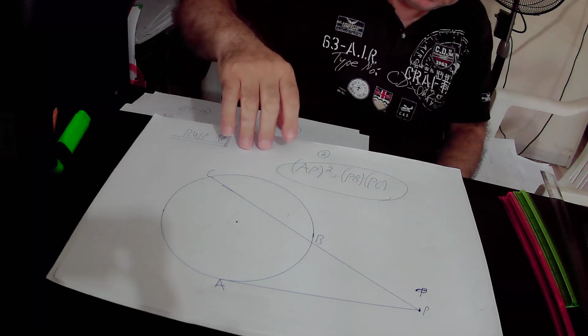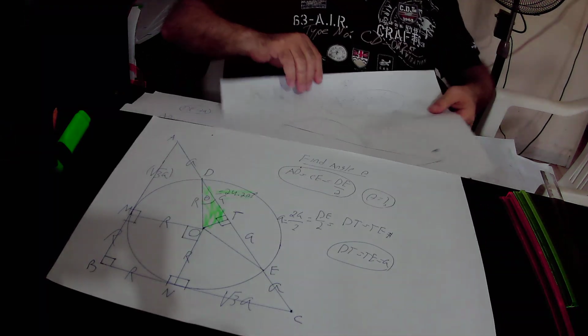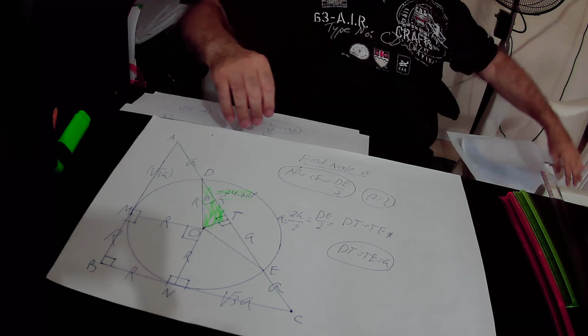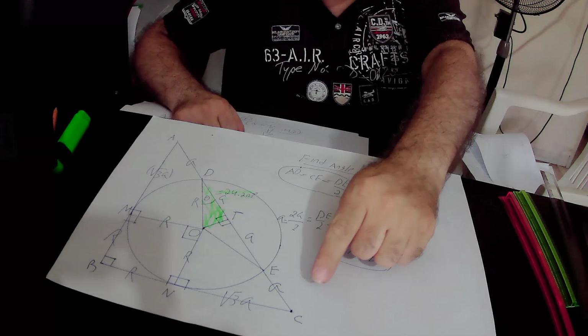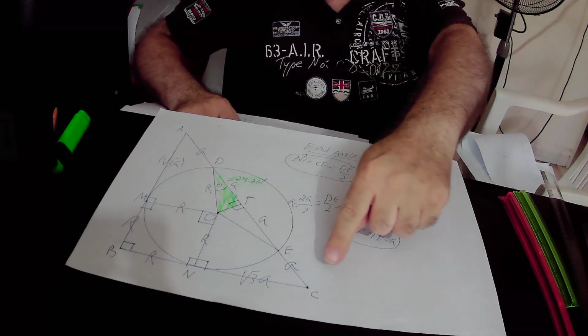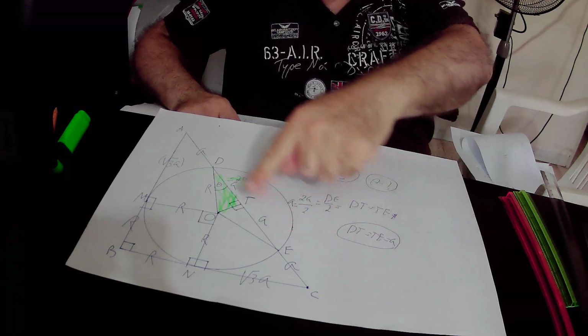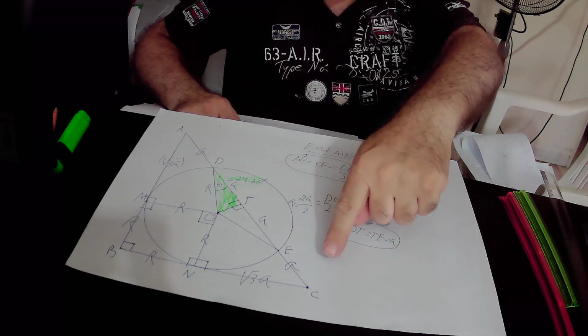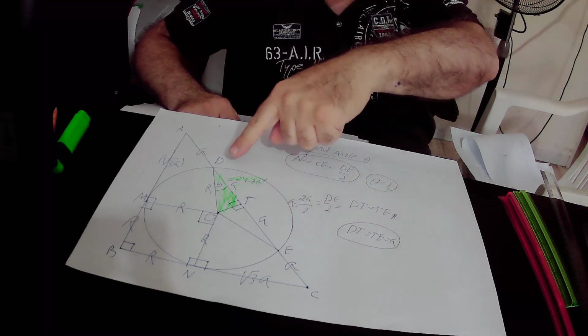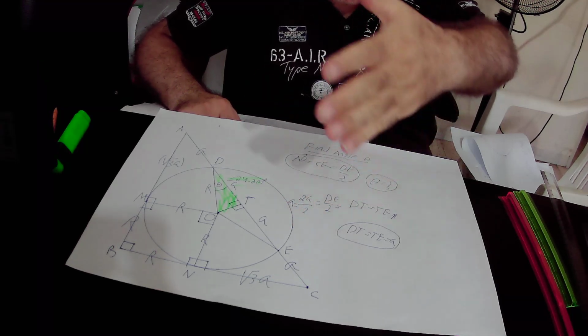You can implement rule number 10 in our drawing, because if we focus on the external point C, we have tangent CN, and we have the straight line that intersects the circle at 2 points, point E and point D. Therefore, we can implement rule number 10 here.